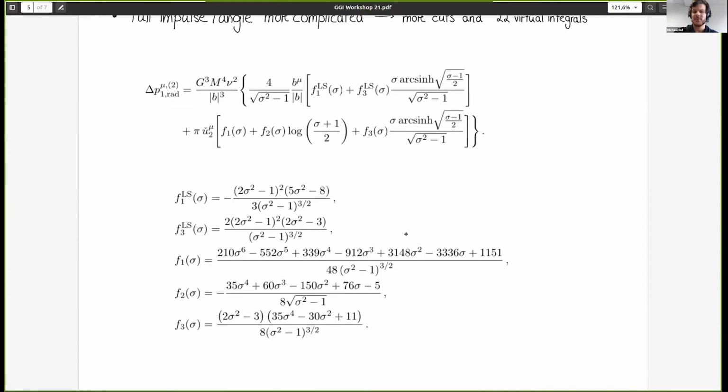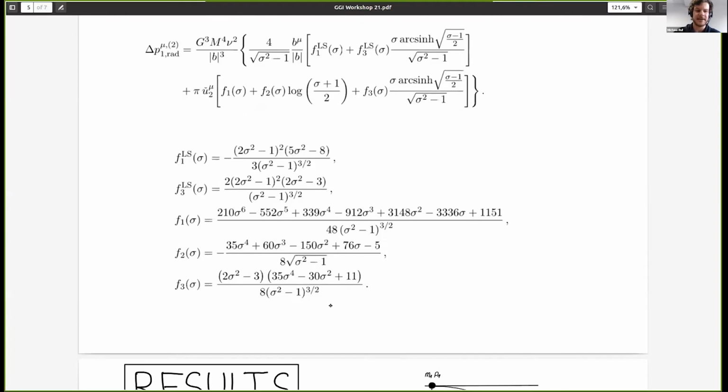Once you compute this observable, and you insert all the values of the master integrals, you get a quite compact formula for the radiative impulse, where you find the well-known arcsinh function and also some new logarithm function, and it's all expressed in terms of quite a few functions.